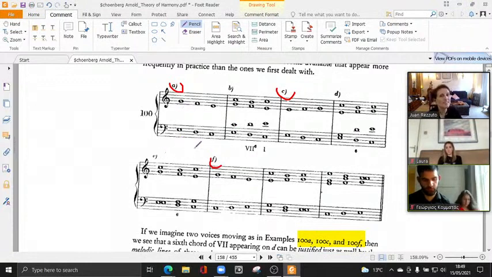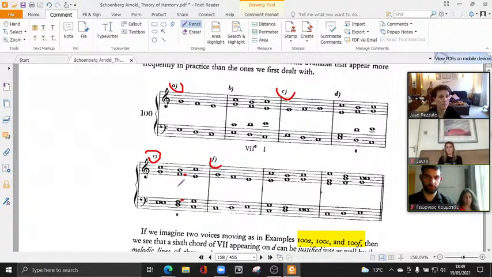Because when you have these types of voices, you will use the 7th degree. For example, let's go to example E, in a much freer manner. Why? Because, for example, you will have this F and this F, which before was forbidden.